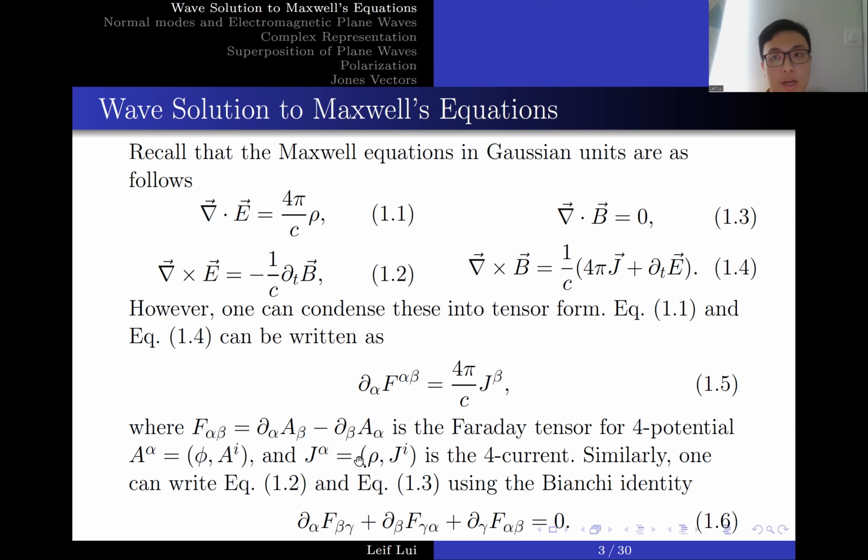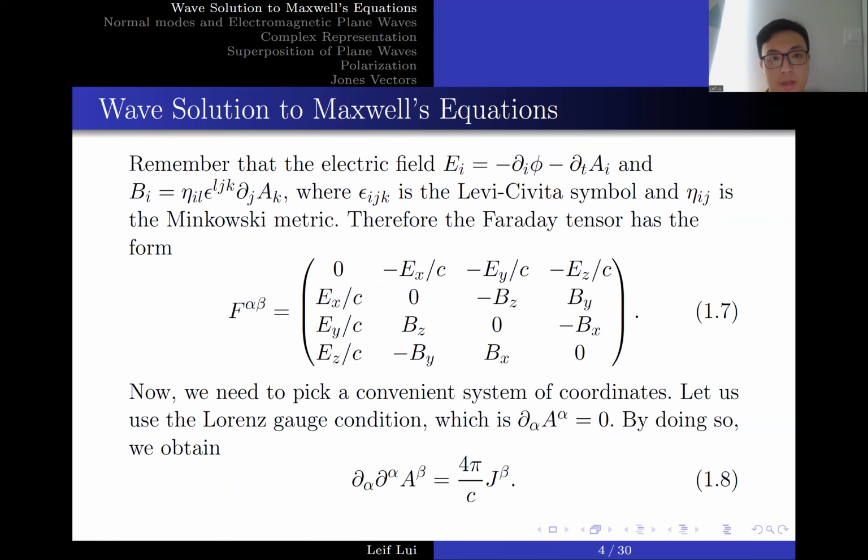This is a consequence of taking the covariant derivative, and since the covariant derivative of the metric is 0, we get this expression. So by using this equation, we can see that this represents equations 1.3 and 1.2. So these four Maxwell equations are condensed into these two equations in tensor form, which is quite nice.